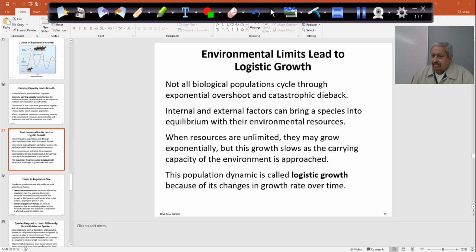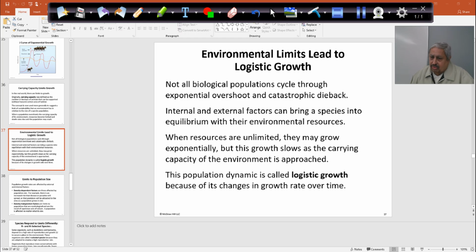Internal and external factors can bring a species into equilibrium with their environmental resources. When the resources are unlimited, they may grow exponentially, and sometimes exponential means out of control.